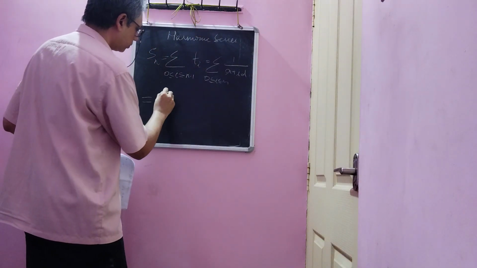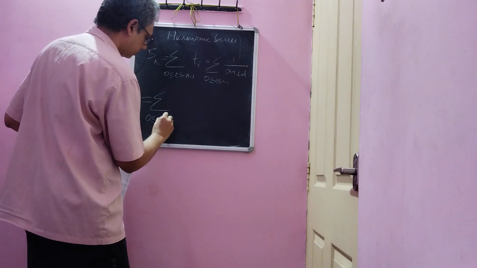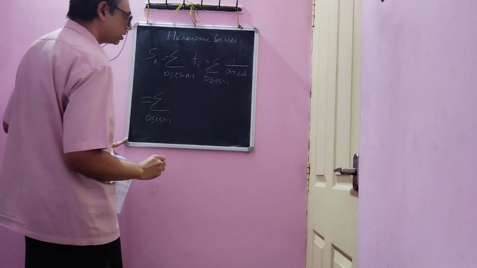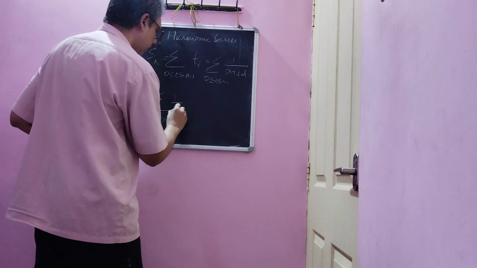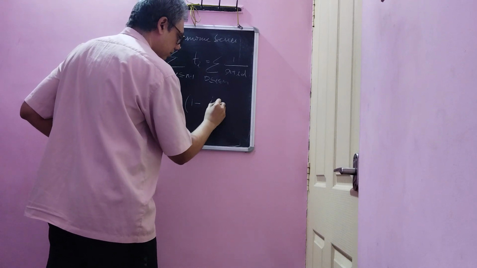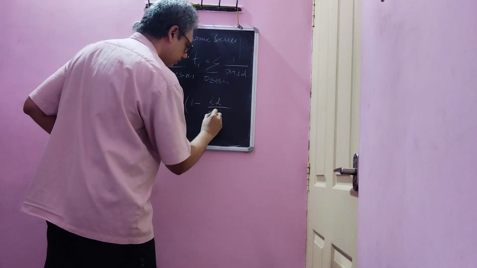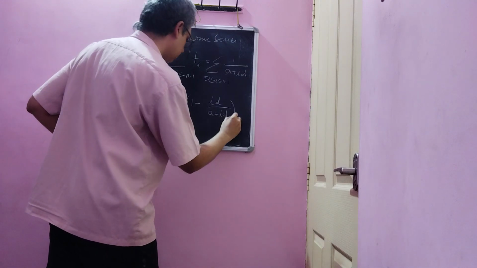This is equal to the summation of 1 by A times 1 minus iD by A plus iD.